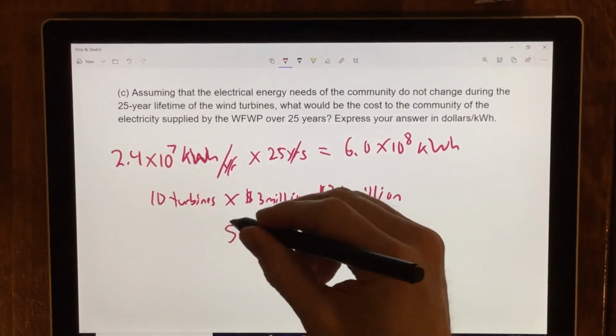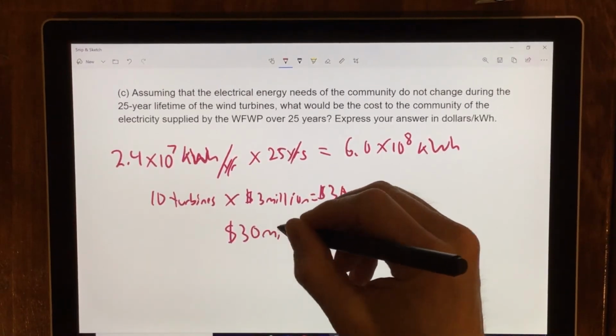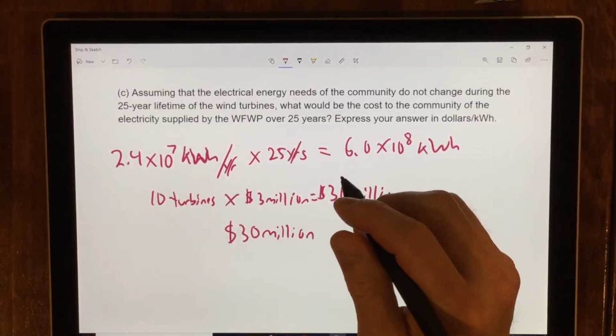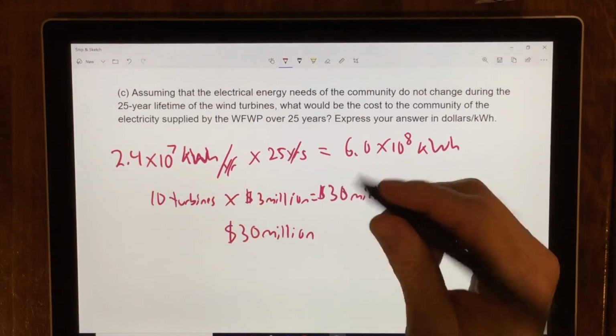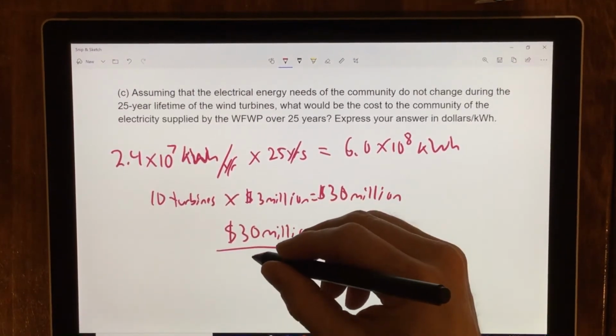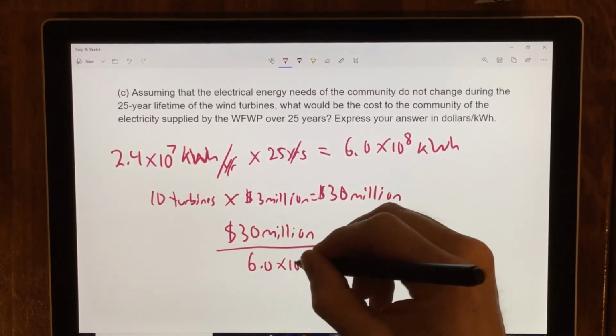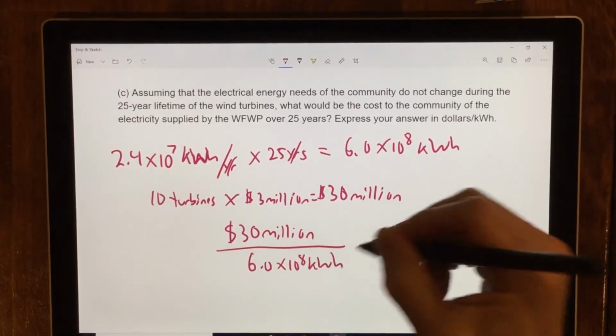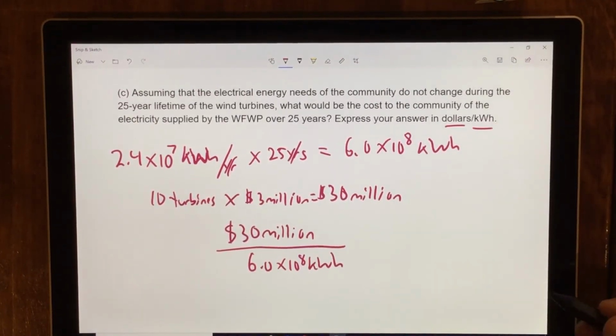So if the 10 turbines cost $30 million and we want to divide that by 6.0 times 10 to the 8th kilowatt hours. Why? Because it says dollars per kilowatt hour.